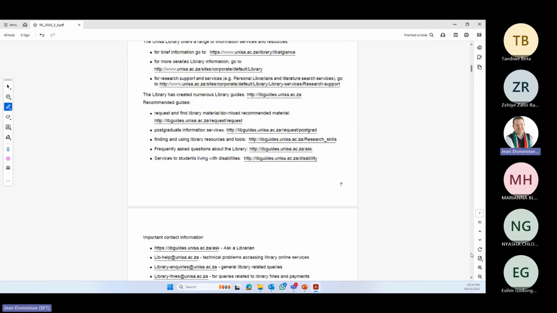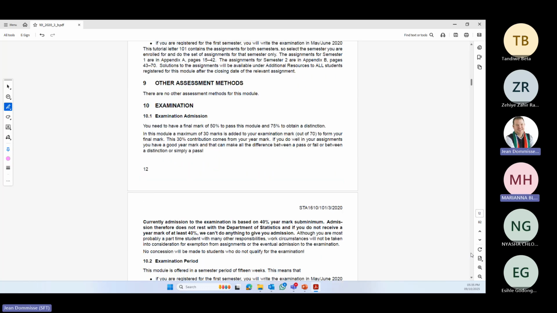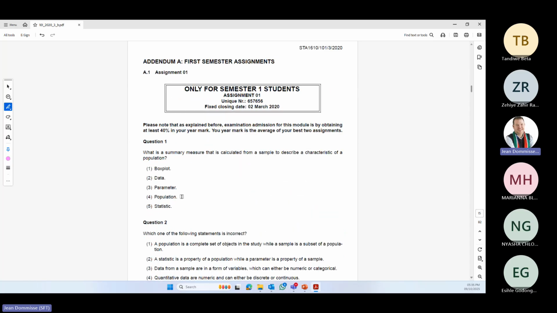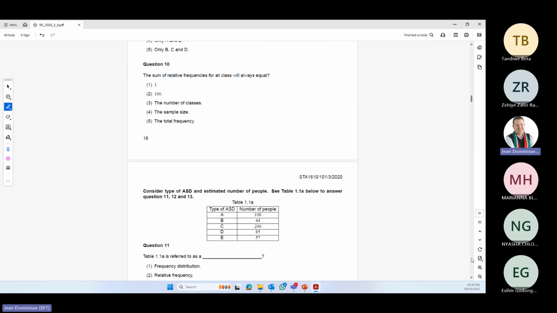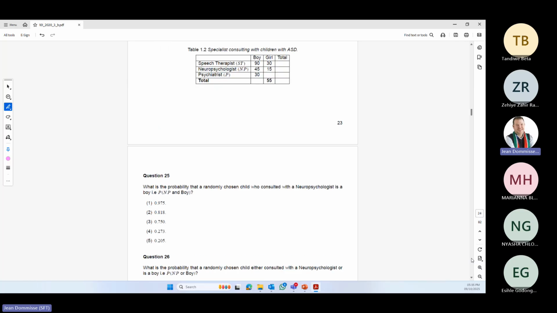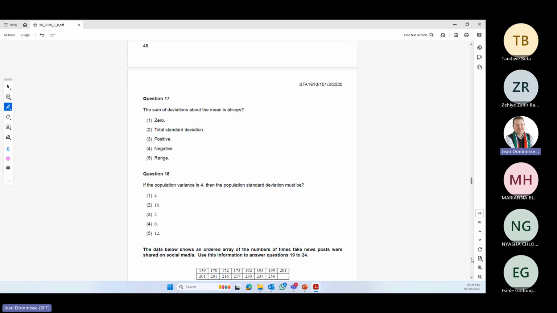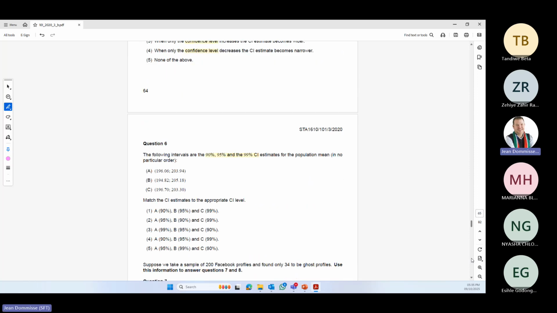So this is actually when all assignments were still paper-based. I'm going to share this with you guys so that you can see some of the assignment questions. If there are questions around it, we can always bring it into a discussion. So I will share this one on the WhatsApp group tonight.